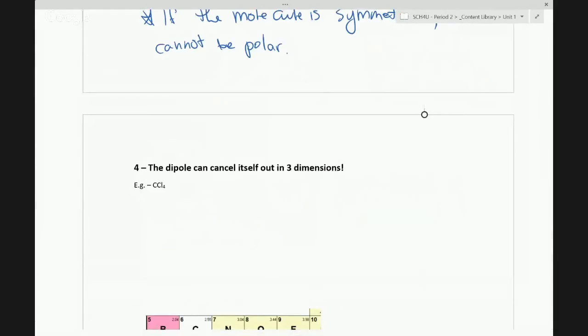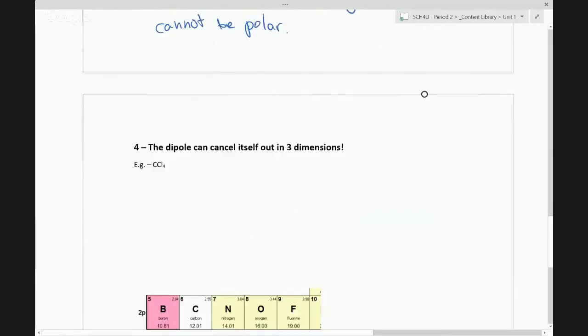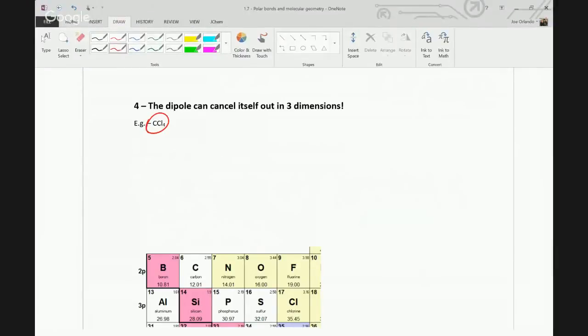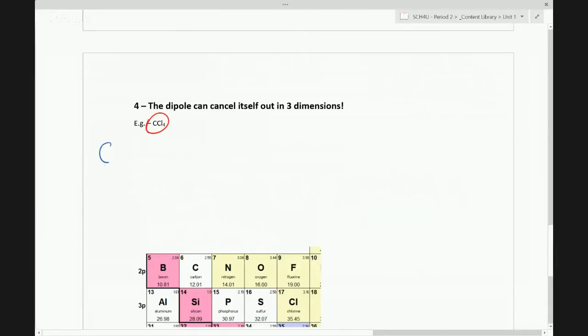The last thing we want to point out is that this dipole can cancel itself even if we're looking at things in three dimensions. And the example I give here is CCl4. So here again, we would say carbon gives us 4 electrons, chlorine gives us 7 each. All right, but there's 4 of them, which is going to give us a total of 28.